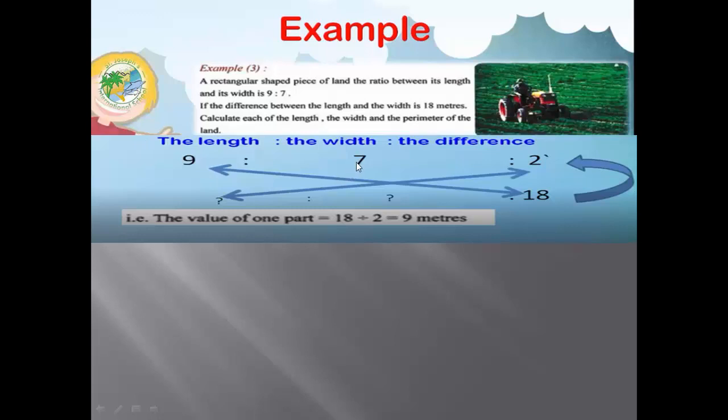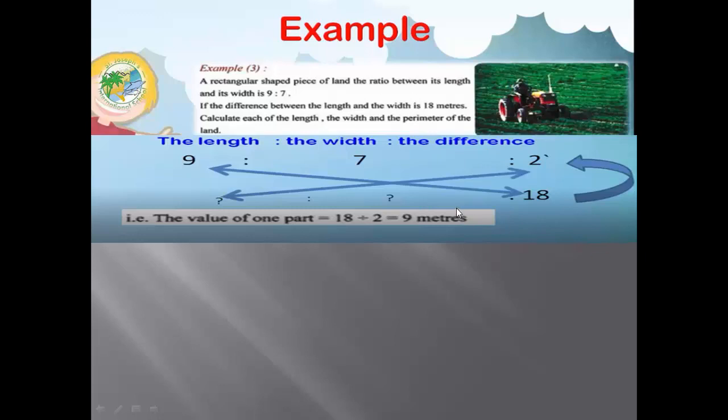Then 9 minus 7 equals 2. Do we write 18 under the length? Of course not. Do we write 18 under the width? Of course not. Here the question says the difference between the length and width is 18, so we write it after the difference.